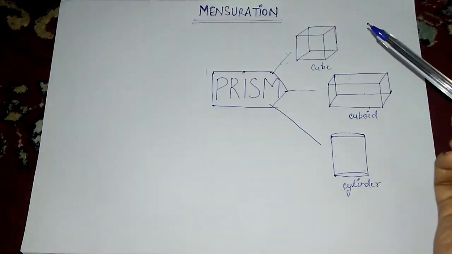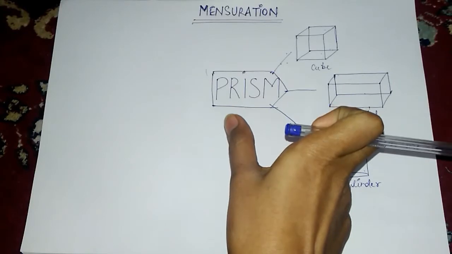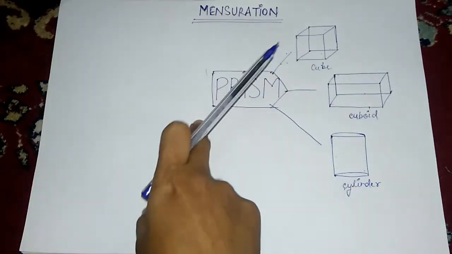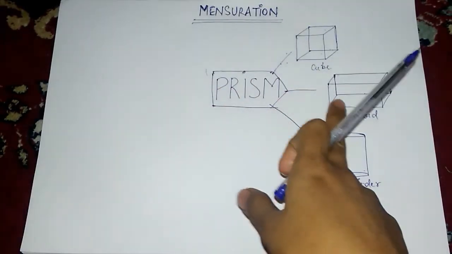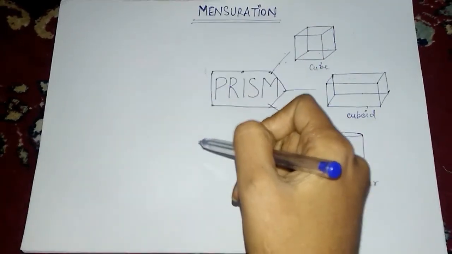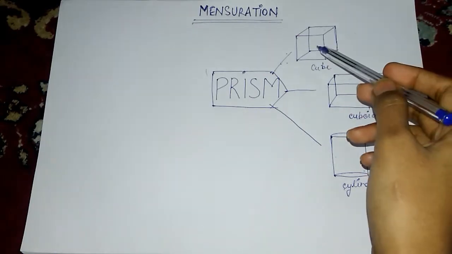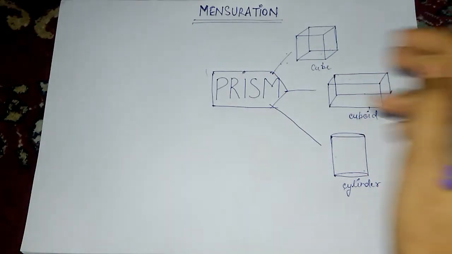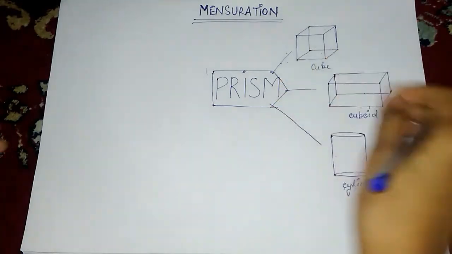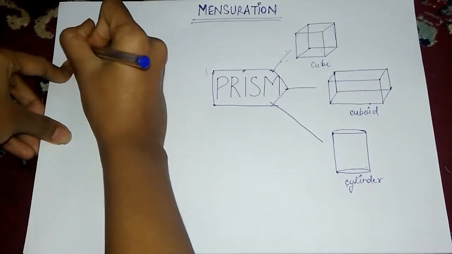What I'll do is I will tell you the basic formula for any prism of volume, curved surface, and total surface. So you just have to remember those 3 formulas, and then you can make formulas of these figures on your own. Okay, so let us start first with the volume.